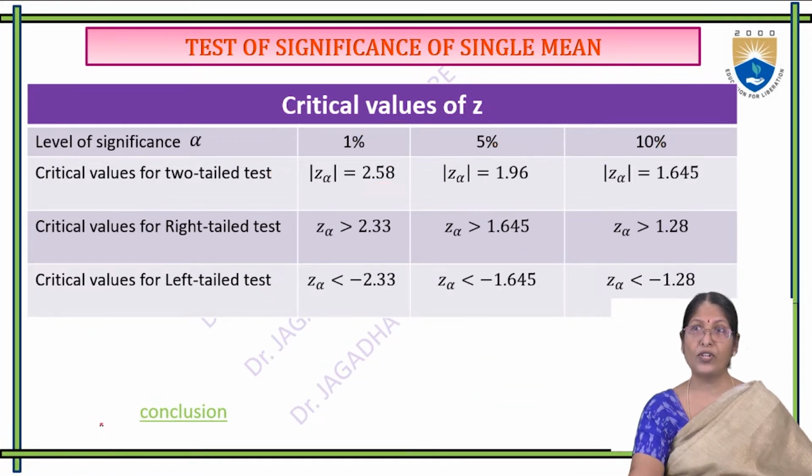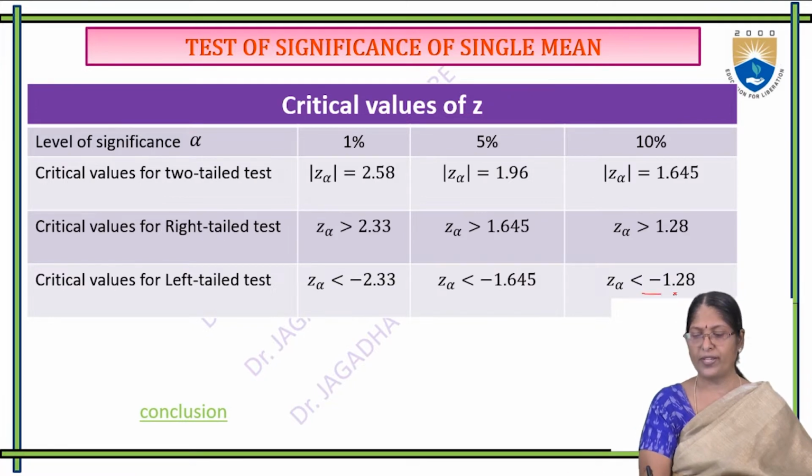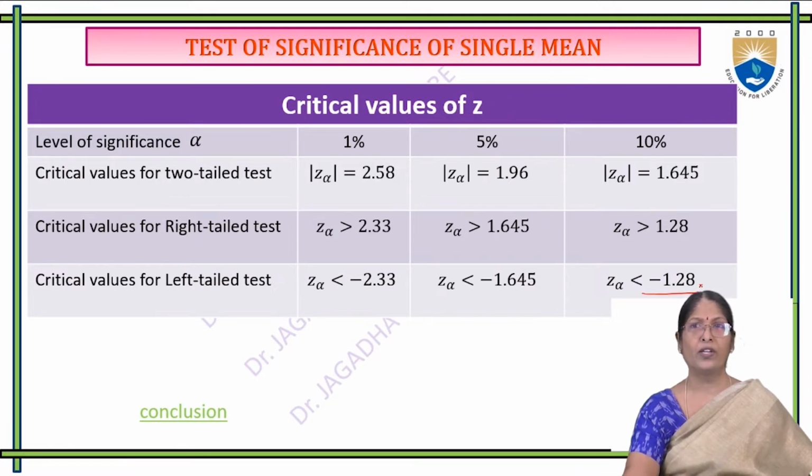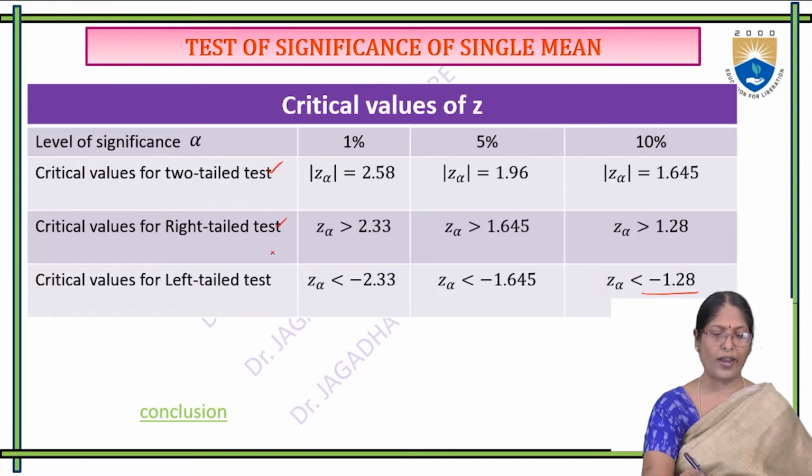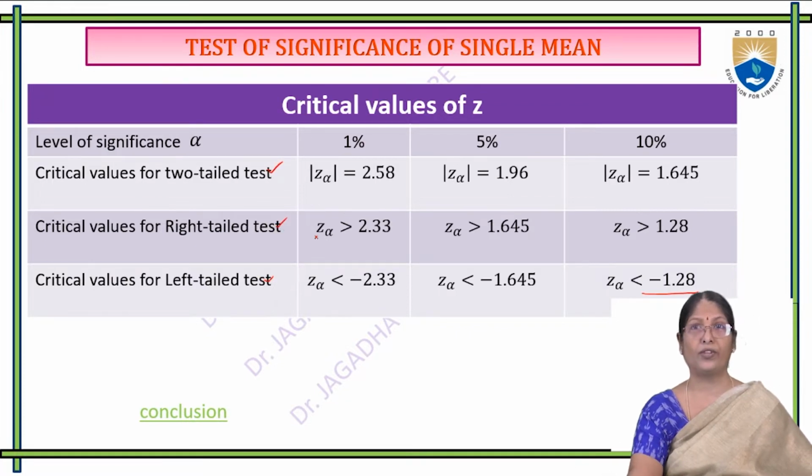If it is left tail, it is 10 percentage, that is 0.1, we will be selecting this data. So these data are called tabulated values at two tail, at right tail, at left tail.